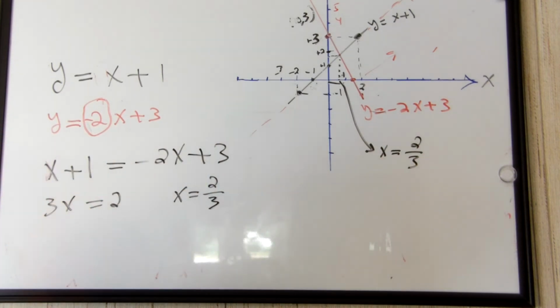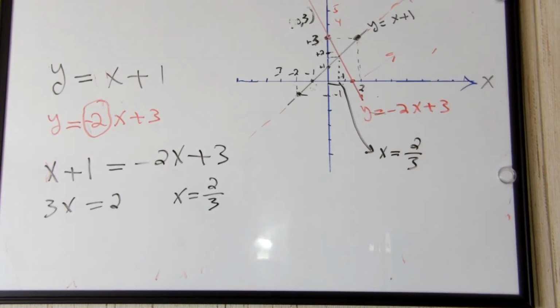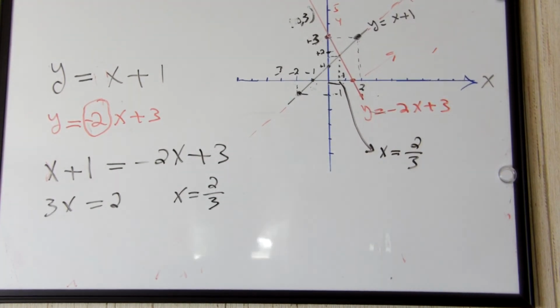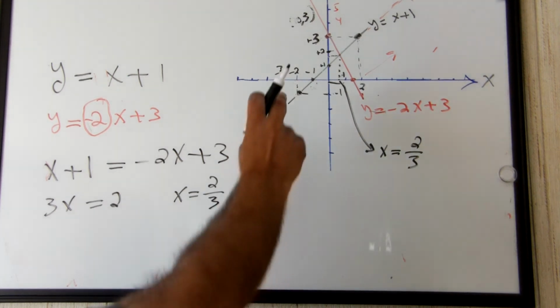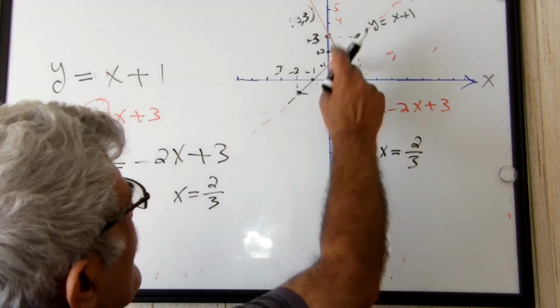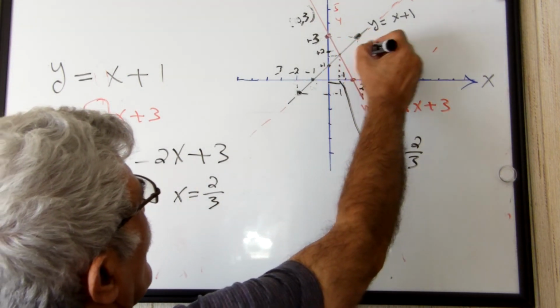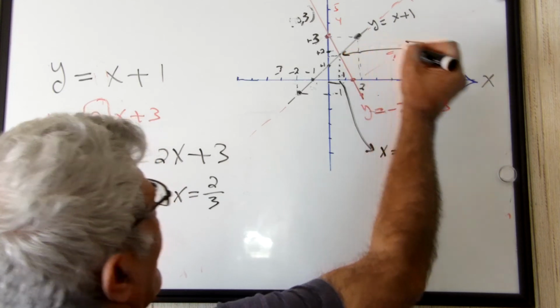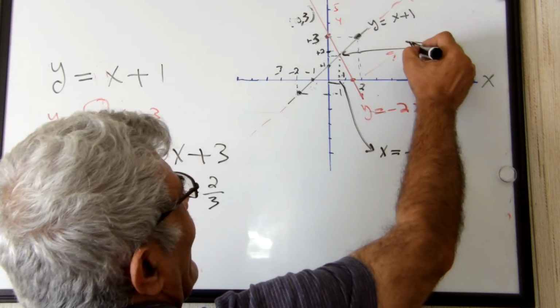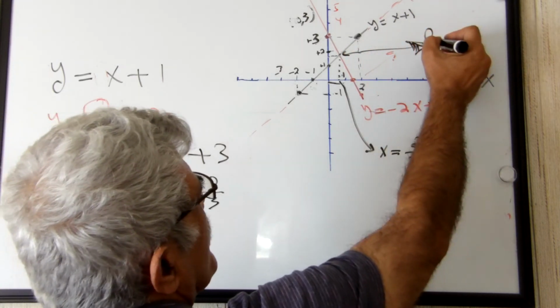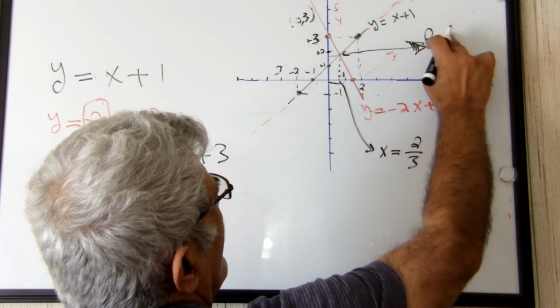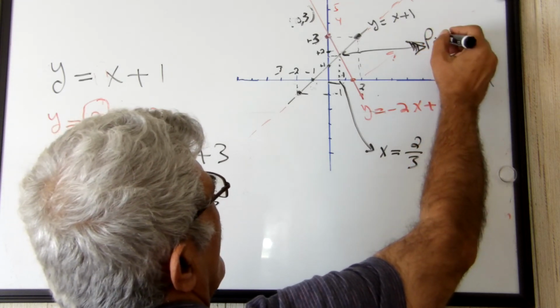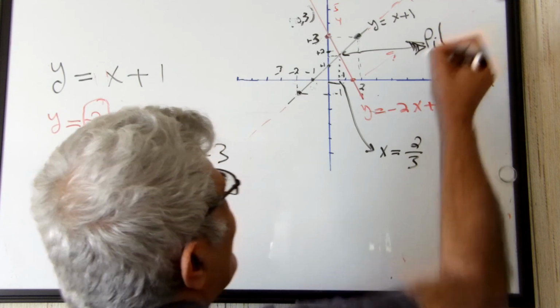And if you want to find the y, you have the x coordinate. This is a point of intersection. It has an x coordinate.